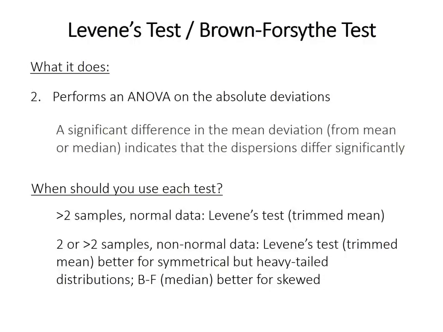But if you have samples that are non-normal and skewed, it's best to use the Brown-Forsyth test for deviations from the median. So basically, Levene's test for symmetrical data, Brown-Forsyth test for skewed data.